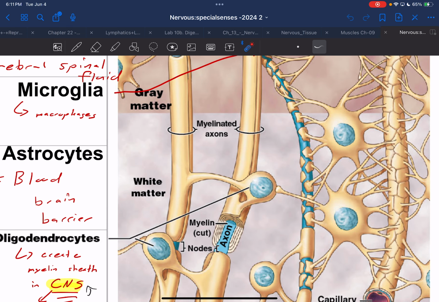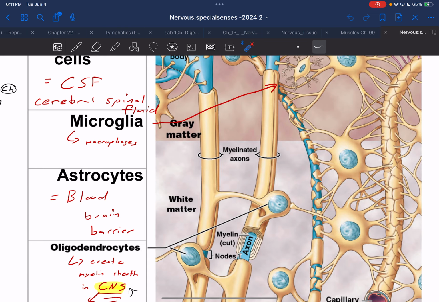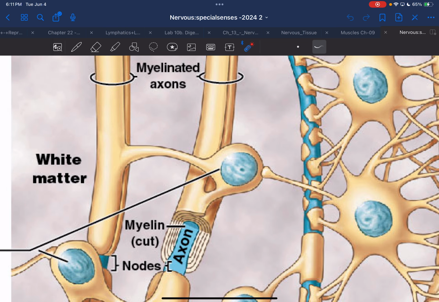Now, the only thing to add about this is that as you look at these structures, you'll notice that the oligodendrocytes are cells themselves that place their little leg extensions and wrap around different axons at the same time. So you can see why they're considered a framework, because it's like they're holding up many neurons together.